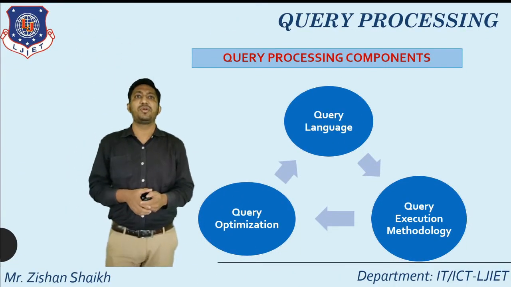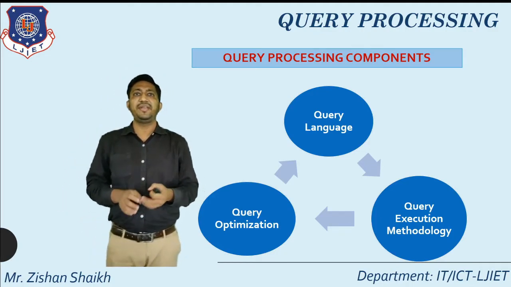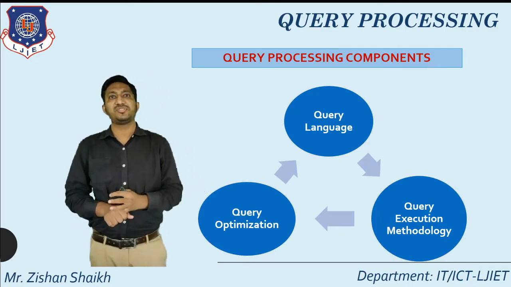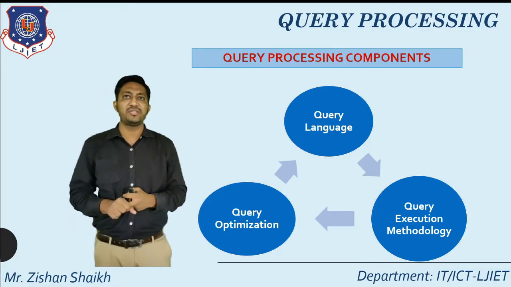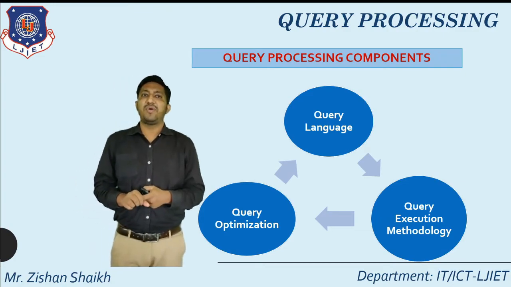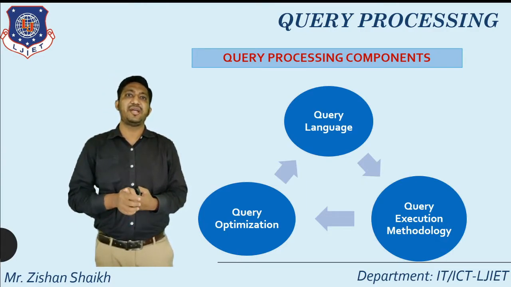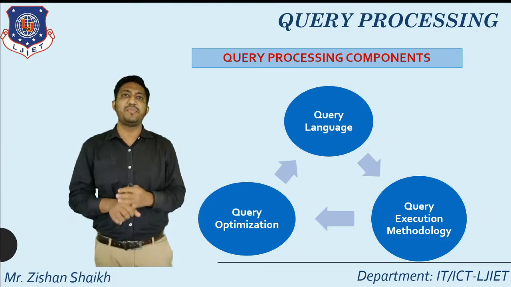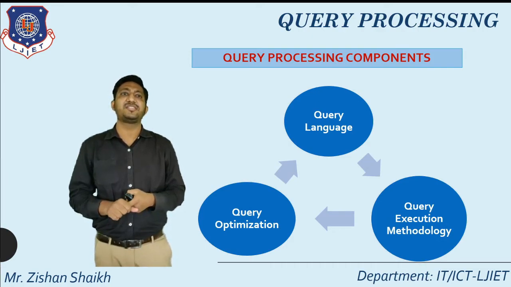Now we are moving to the particular query processing components. In detail, if we are talking about query processing, then mainly three parts are there. First, the query language in which the user constructs the query. Next is query optimization. Using this methodology, the query processor will decide which alternative is best suited to execute this particular query, and then the query execution method.